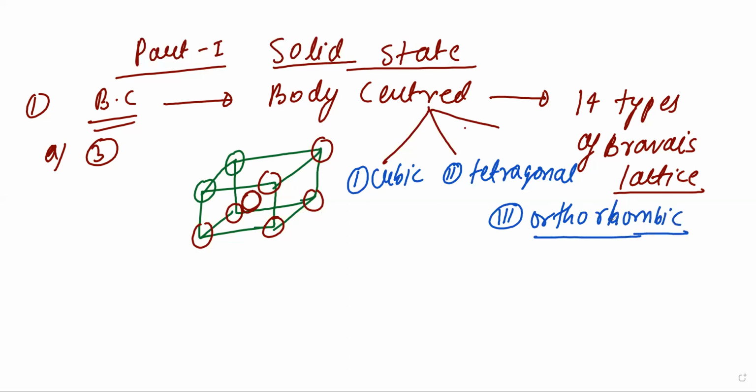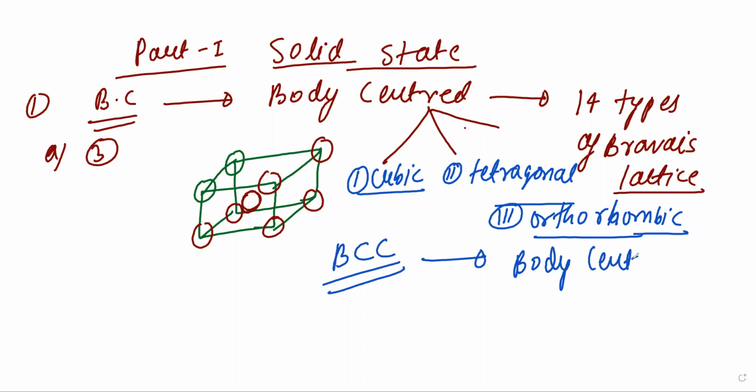So these are the 3 types of body centered unit cell. It is also called BCC, body centered cubic unit cell. I will write the full form also, body centered cubic unit cell.